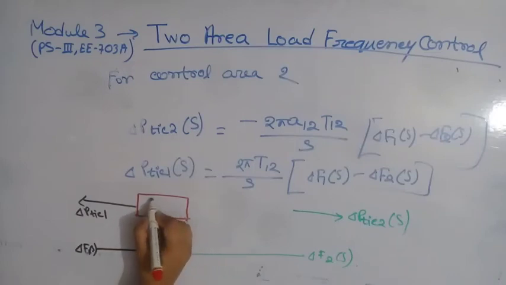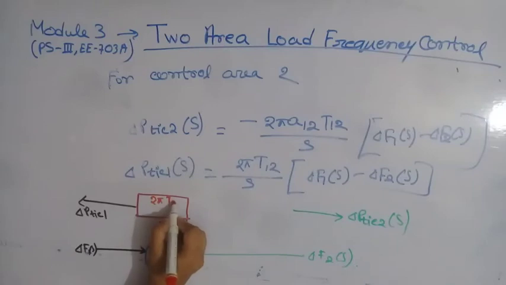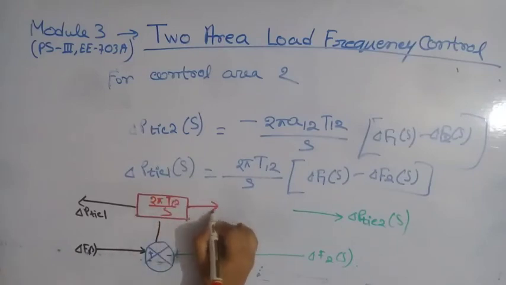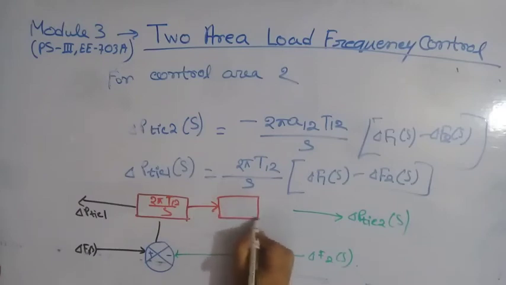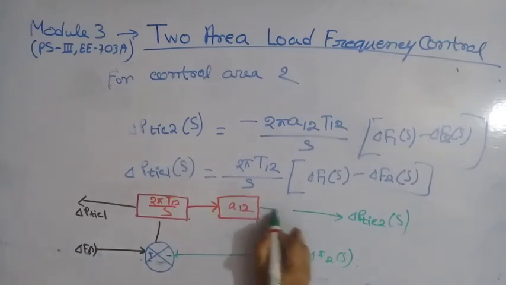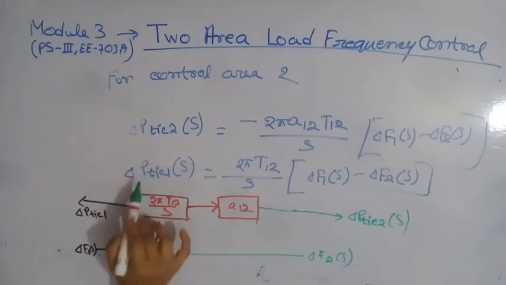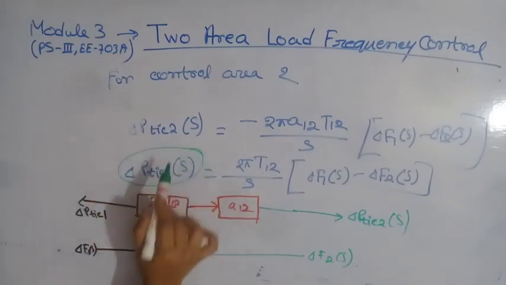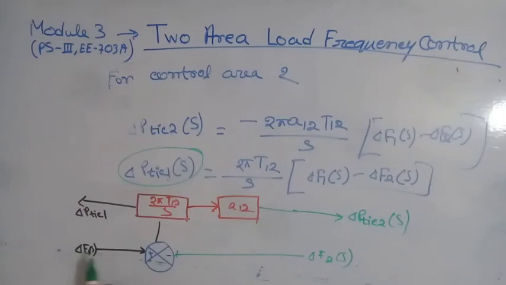And this is 2 pi T12 by s, a12. Now what is tie line power? Delta P tie line 1 is equal to delta f1s minus delta f2s into 2 pi T12 by s.